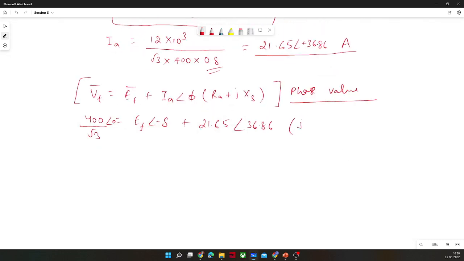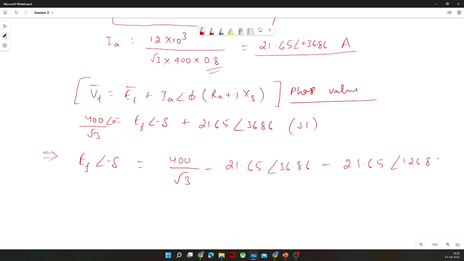So jXS was given as 1 ohm, j1. Now I will rearrange it. EF angle minus delta is equal to 400 by root 3 minus, because this would go to the left side, 21.65 angle 90 plus 36.86.